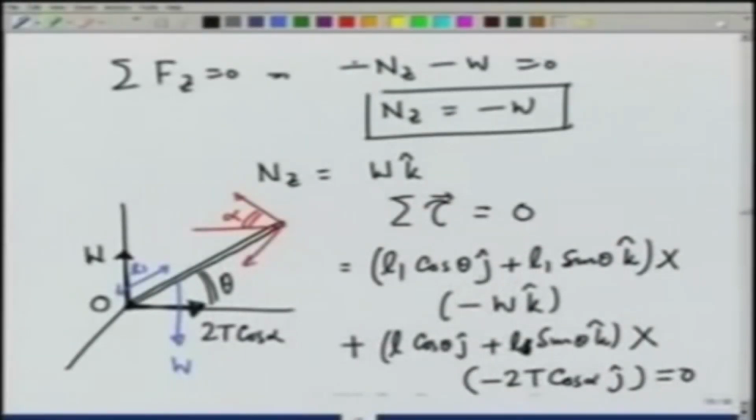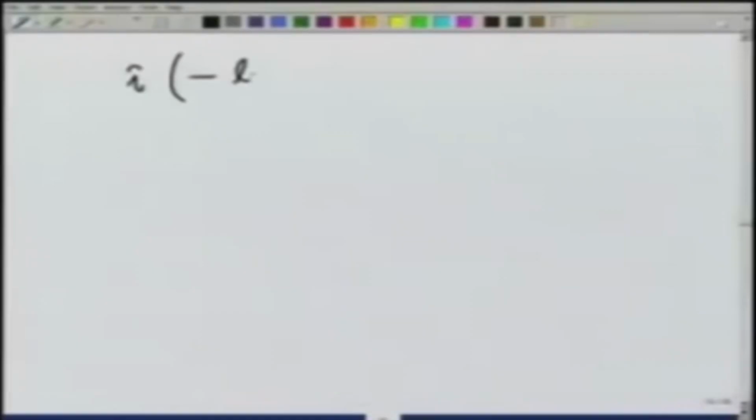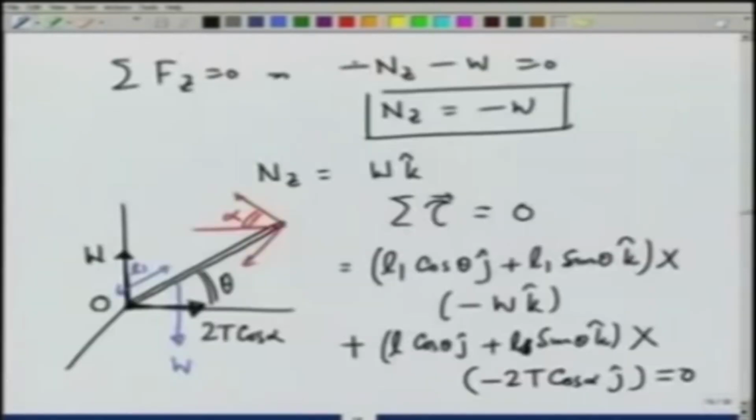The first term is going to give me j cross k, which is i, L1 cosine theta times W. So, first term gives me i times minus L1 W cosine theta. The second term, k cross j is minus i.